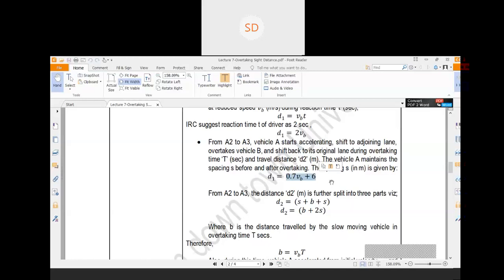There is nothing that explains why it is 6 or why it is 0.7, because this is an empirical formula. Whatever formula is there is only okay. There is no background story behind this formula. So you just have to remember that your spacing is 0.7 Vb plus 6.